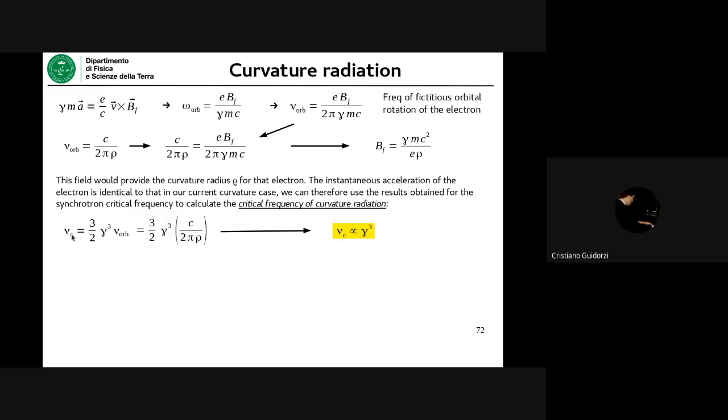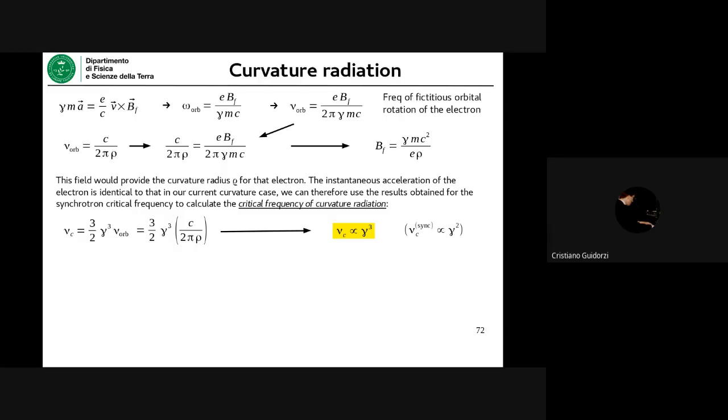So it means that the scaling of the critical frequency in the case of curvature radiation is with gamma cubed. Now, if you have in mind the corresponding critical frequency of the synchrotron, you will see that you have a different dependence, a different scaling with gamma. So here the scaling on gamma is more sensitive, is stronger.